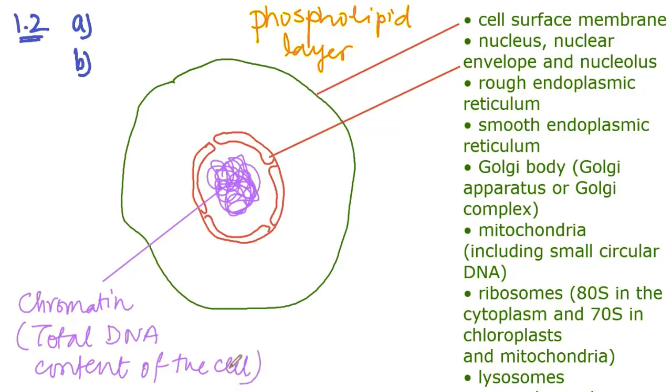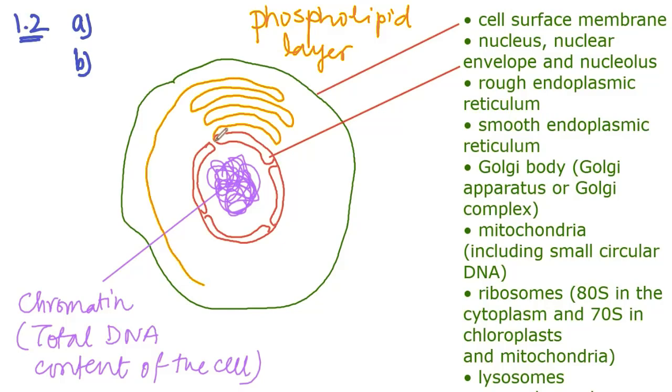The next structure which we're going to talk about is the rough endoplasmic reticulum. Endoplasmic reticula are very important structures within the cell, and we have two types of them. How are endoplasmic reticula formed?